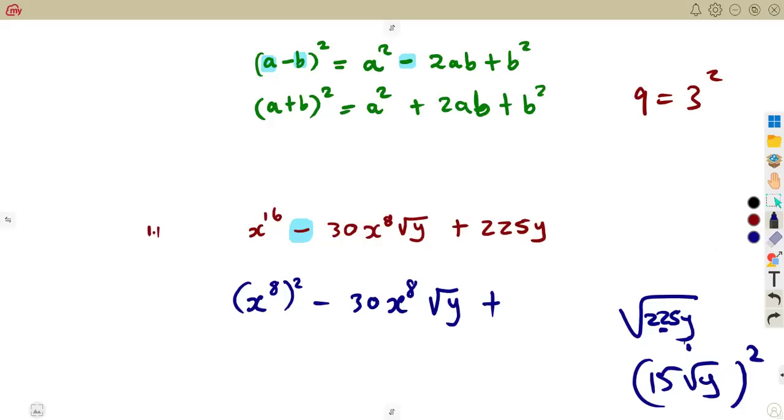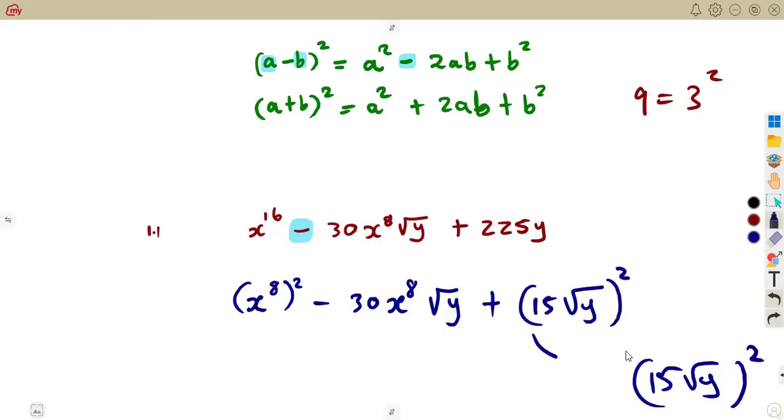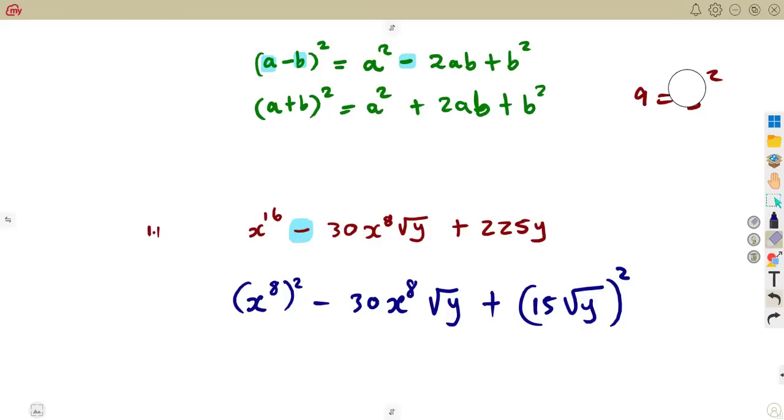So that it gives us that part. Guys, if you are to expand this, 15 square root of y, squared, it will give you this exactly. 15 squared is 225. Square root of y squared means the square root of y times the square root of y. Remember, it will give us y there. So understanding these, guys, it is going to help you.